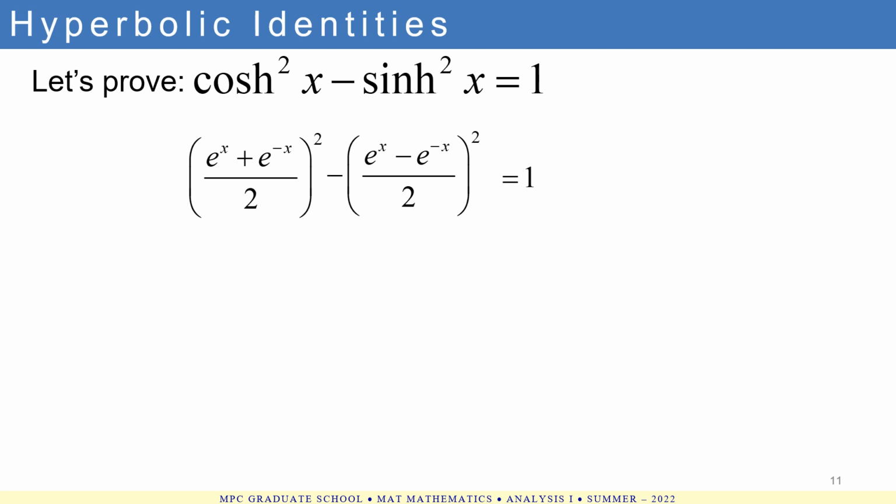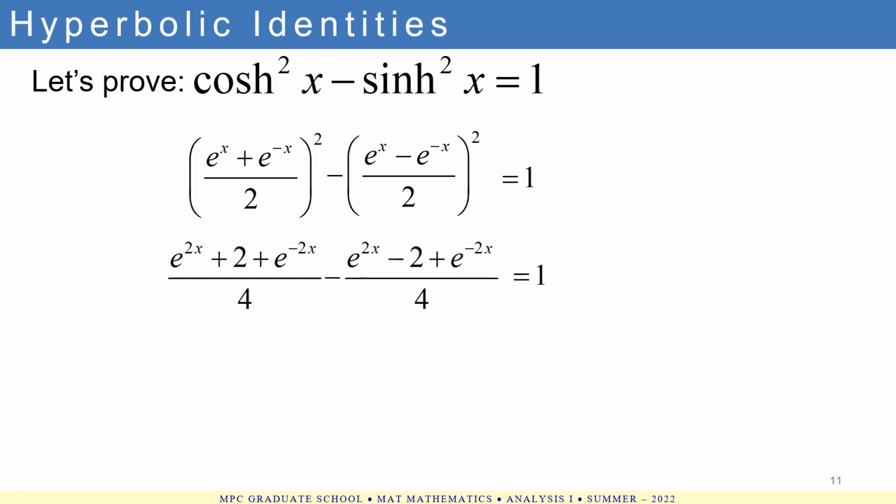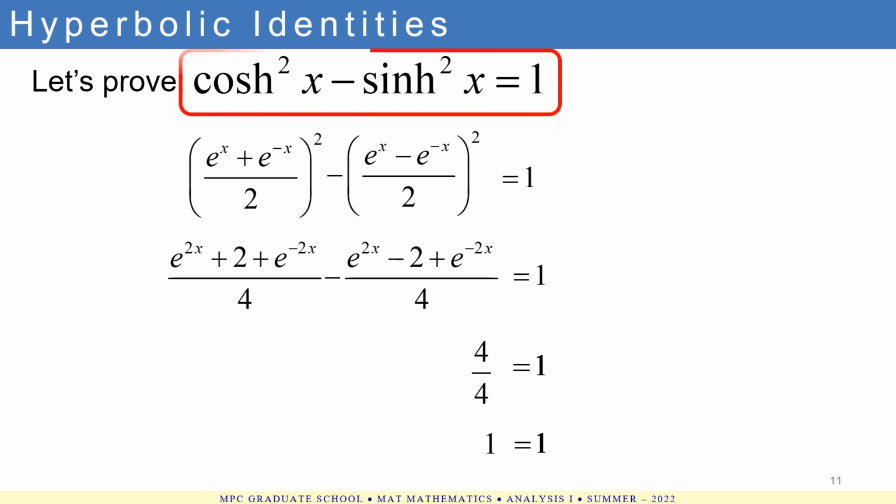Simplifying our first term, we will get e to the power of 2x plus 2 plus e to the power of negative 2x all over 4, minus the square of the second term also. So we have to simplify it again for us to get e to the power of 2x minus 2 plus e to the power of negative 2x all over 4. Solving our expression here, we are going to have 4 over 4, or 1. So this proves that hyperbolic cosine squared x minus hyperbolic sine squared x is equal to 1.